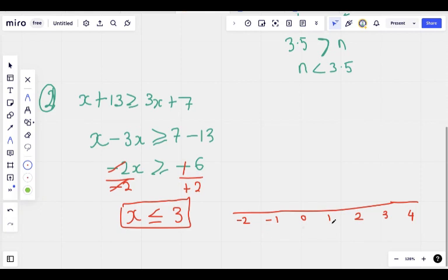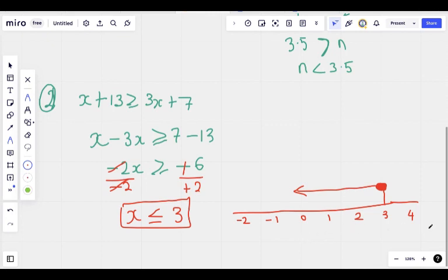The inequality says x is lesser than or equal to 3, so you go to 3. Because it's lesser than or equal to, we shade it. If it's only lesser than, we don't shade it. If it's lesser than or equal to or greater than or equal to, we have to shade this place. And because it's lesser than, it goes in this direction, and you show it with an arrow.